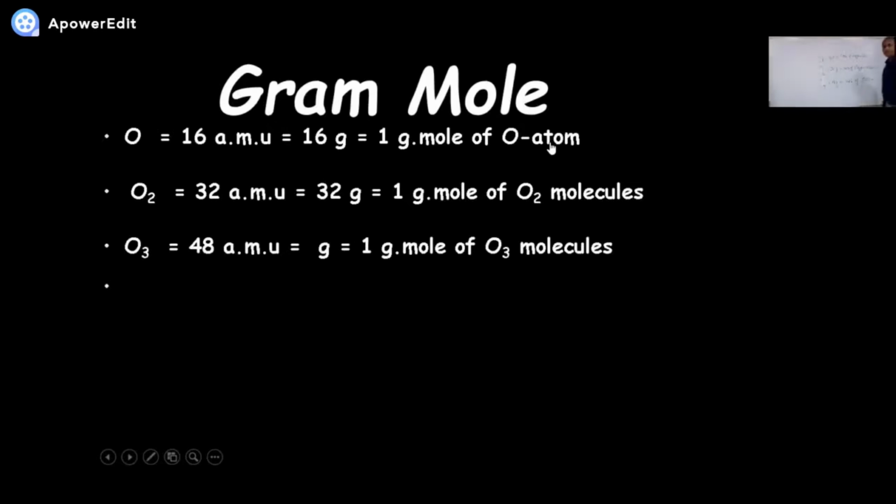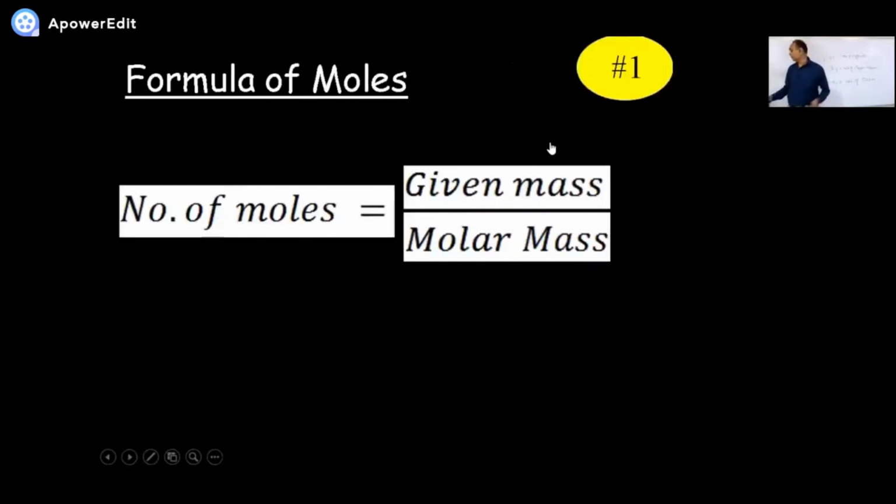You can see on the screen the same. See the difference by yourself. Suppose if I say 32 gram of oxygen atom, then it will become 2. Okay? So mole means simply the atomic mass, the molecular mass, or formula mass expressed in gram. And what was the formula to find out the number of moles? You can see the formula.